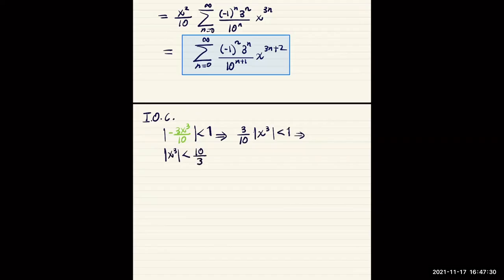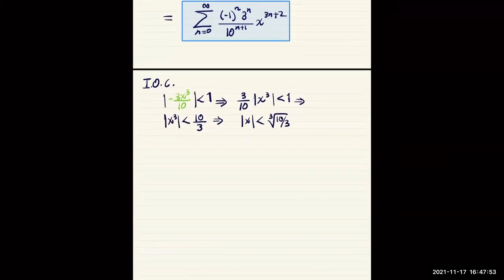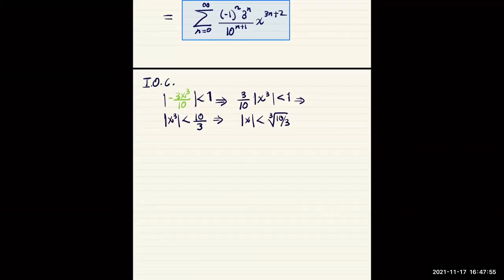All right, almost done. We have a cubic x. I want to solve for x, so we take the cube root. That tells us absolute value of x has to be less than cube root of 10 over 3. So x has to be between that negative cube root and that positive cube root.